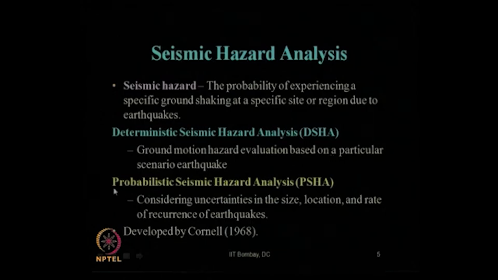And another type of seismic hazard analysis is called probabilistic seismic hazard analysis or PSHA, taking again the first letter of each word. In this case, we consider the uncertainties involved in the size of earthquake, in the location of earthquake, and in the rate of recurrence, that is the interval through which earthquakes repeat or reoccur.